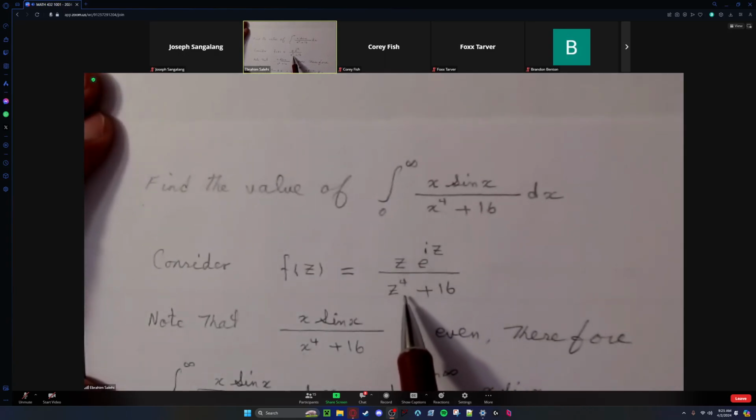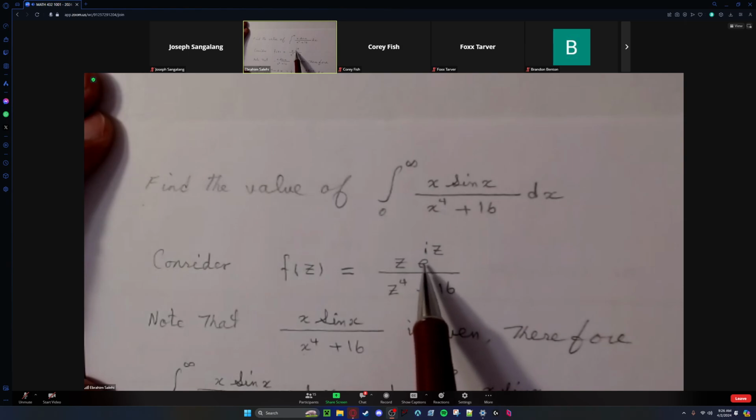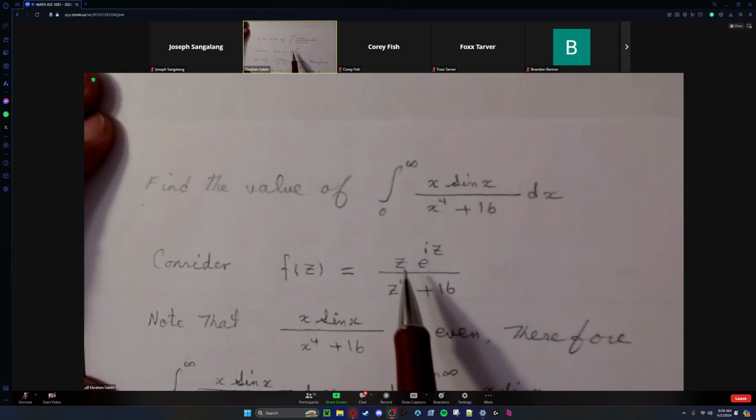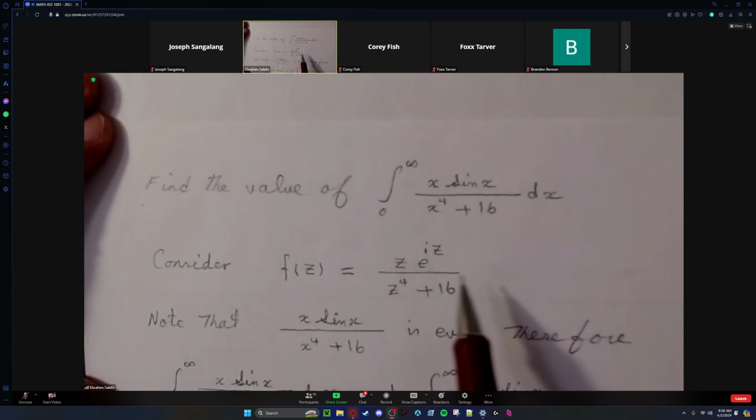So in f of x, you get e to the ix. If I replace e to the ix using Euler's formula, I'll have x cosine x plus i x sine x.